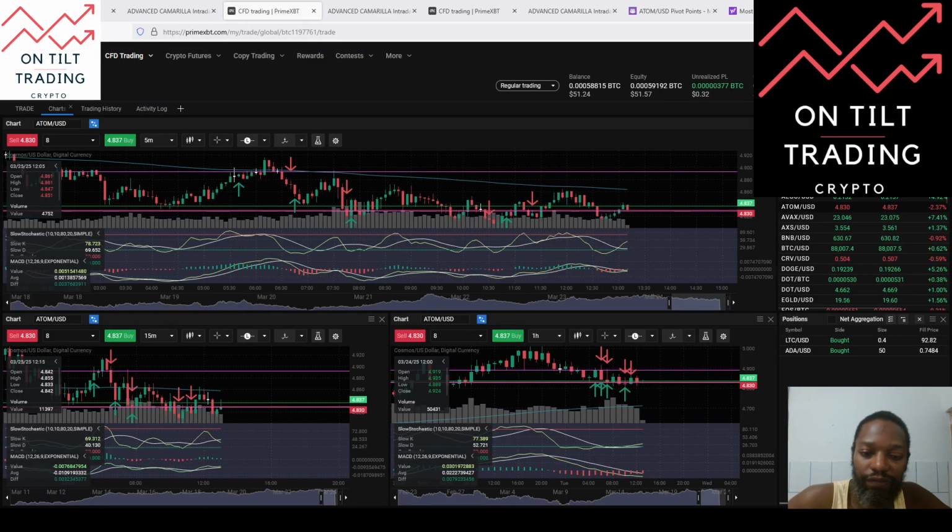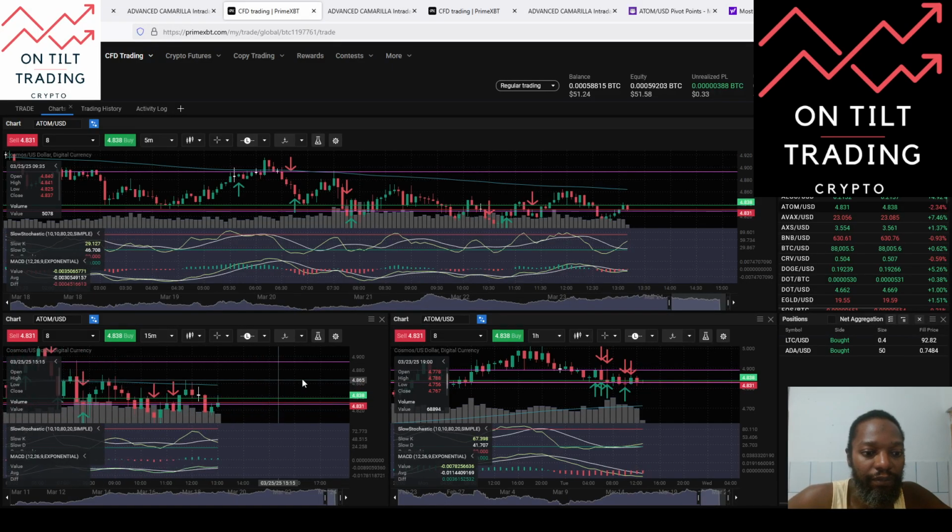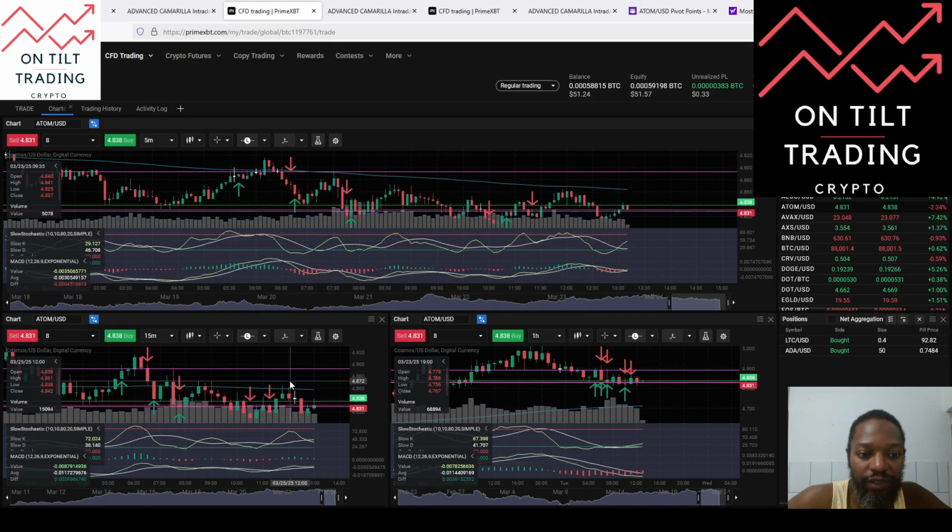So we'll go over to the 15-minute. The 60-minute I use as mostly a gauge of strength or weakness. This 5-minute I use pretty much only for entries. My main trading time frame is the 15. This is where I want to observe market structure, and I want to set my stops and everything.